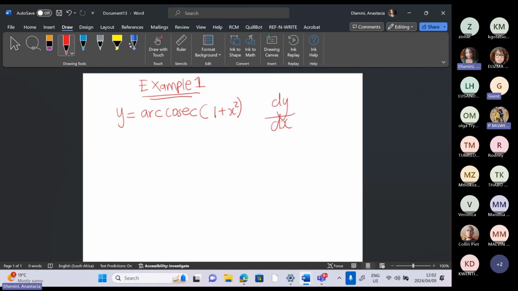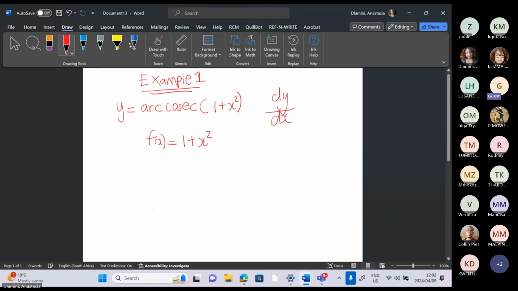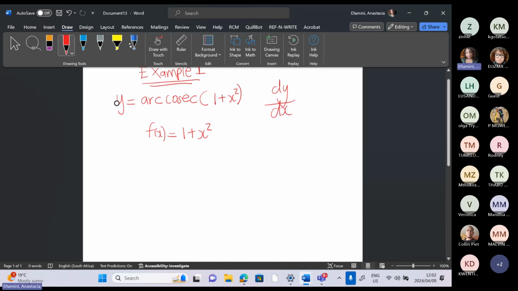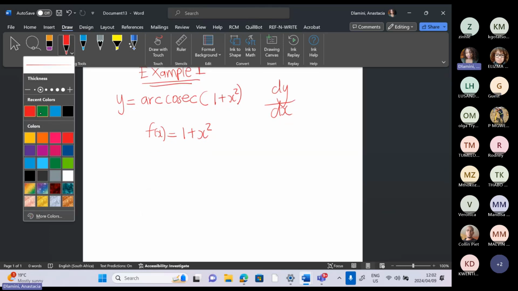I think we identify f of x, ma'am, the function on the inside. f of x is equal to 1 plus x squared. Thank you. So f of x is equals to 1 plus x squared. Then we find the derivative. Where are we going to find the derivative?